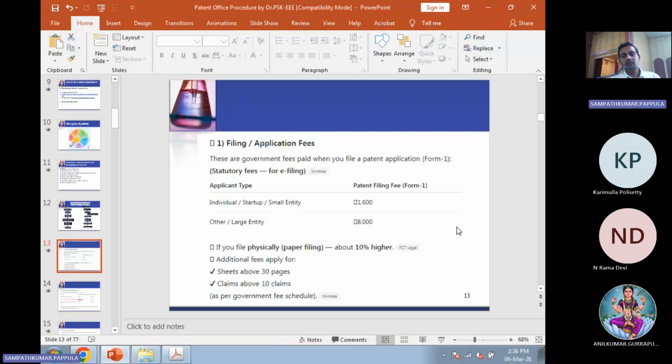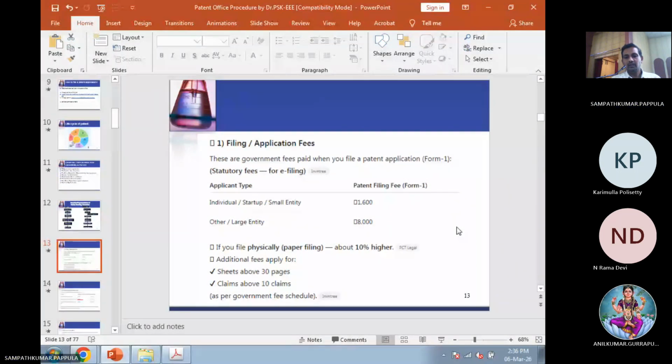So here I will show you some application fees, what you need to pay after filing your ideas. For the individual, startup, small entity, it is around 1600, and for other large entities it is 8000.